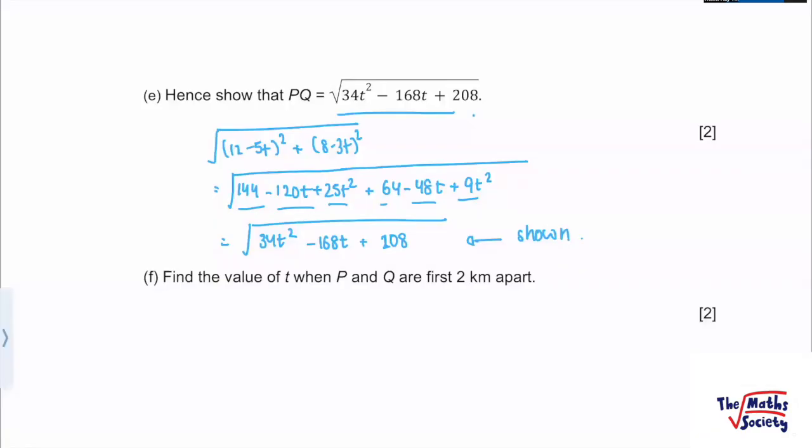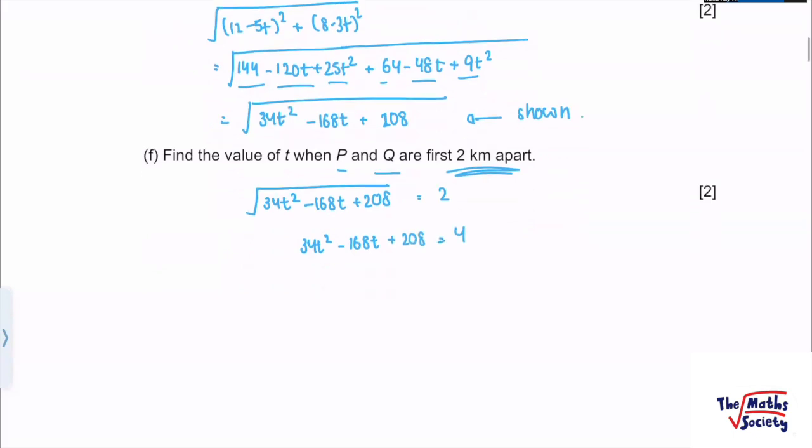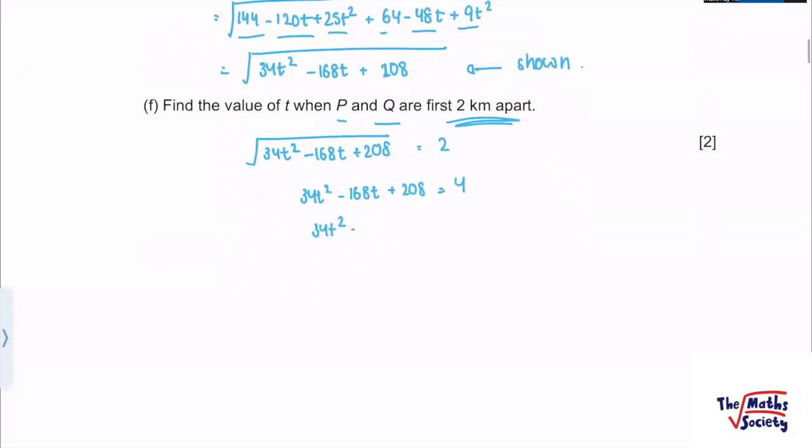And it says to find the value of t when P and Q are first 2 kilometers apart. So it says first 2 kilometers apart, right? We can move the root to the other side, so it'll be squared, so that you'll get 4. So then you get 34t squared minus 168t plus 204 equal to 0. And you know that t is going to equal minus b plus or minus the square root of b squared minus 4ac, divided by 2a, because you can't do the cross method.